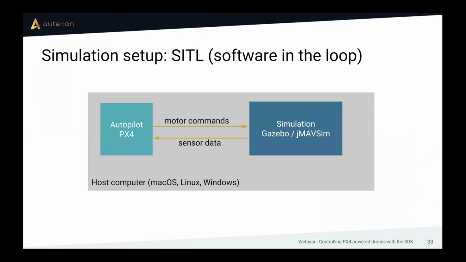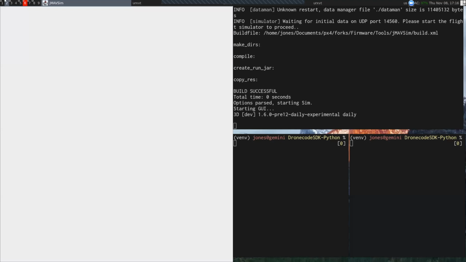And the role of the simulator is just to simulate the sensors and send that information to the autopilot, so that the autopilot thinks it's actually flying. And all of that is running on your host computer. So it's really convenient for development. So let me now share my screen and start writing some code.